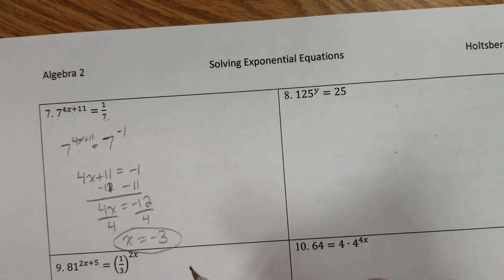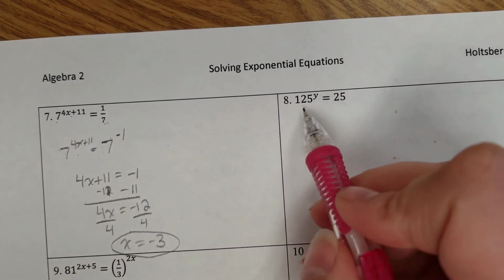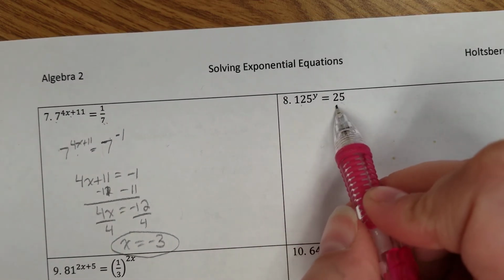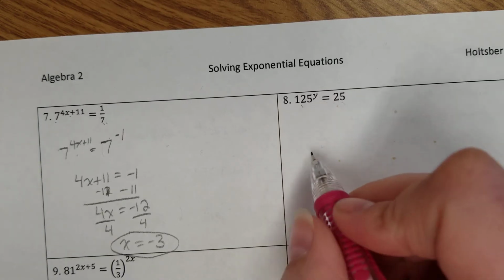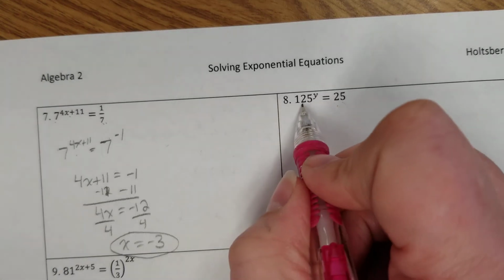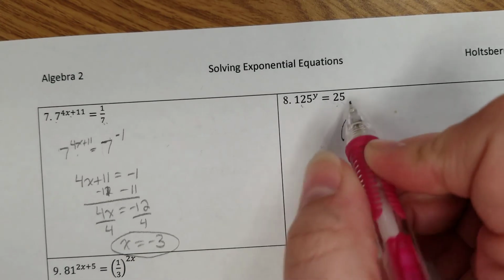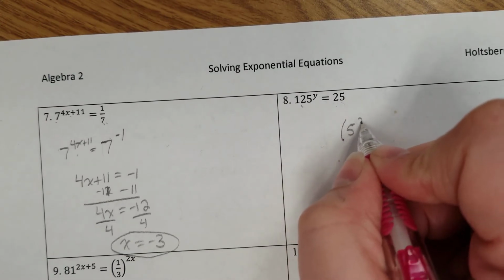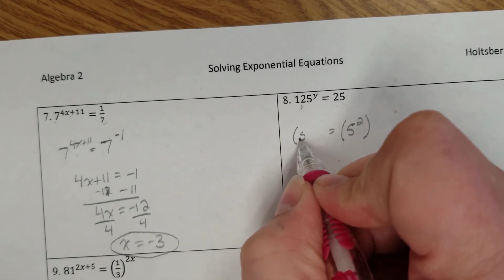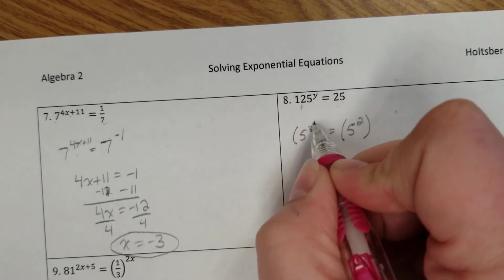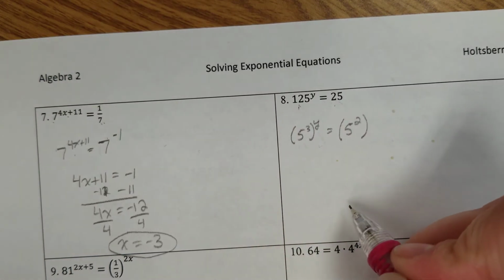Right. So number 8, once again, we have 2 numbers, and they don't have a common base between them, except for making them both have a different base. So that base is going to be 5. So 25 is 5 squared, and 125 is 5 cubed, and then we still have to bring down that exponent to y.